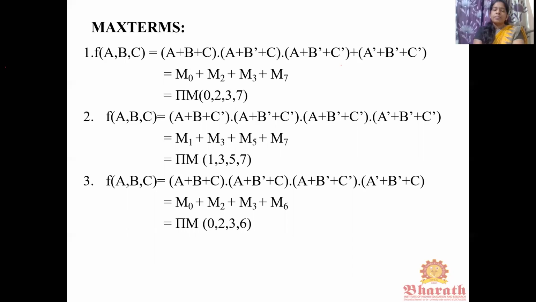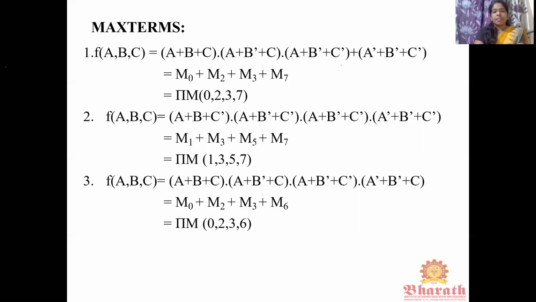Then moving on to the max-term. In max-term, f of A, B, C equals, they have given some expression. Here 0 means complement in min-term, but in max-term 0 means normal form. So A plus B plus C is 0, 0, 0. Then 0, 1, 0 is 2. 0, 1, 1 is 3. Complement means 1, so 1, 1, 1 represents M7.